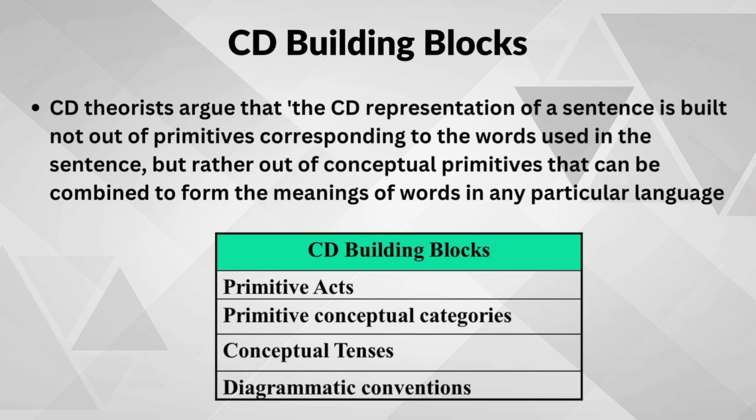Overall, conceptual dependency theory seeks to explain how humans understand and generate language by focusing on the abstract conceptual structures that underlie linguistic expressions. While it has influenced the development of various natural language processing models.